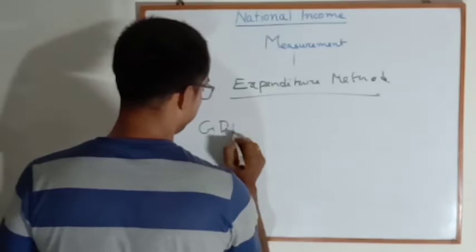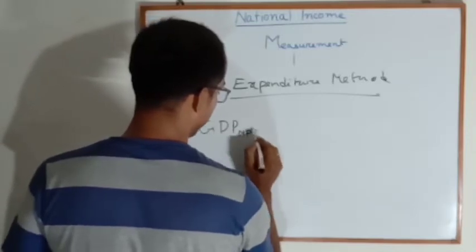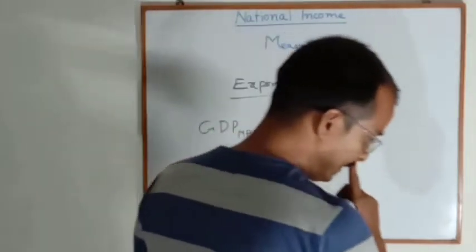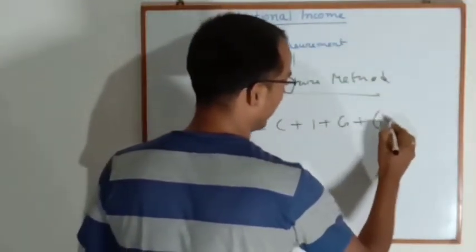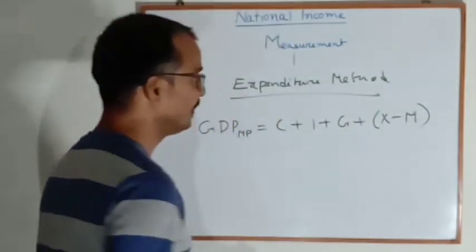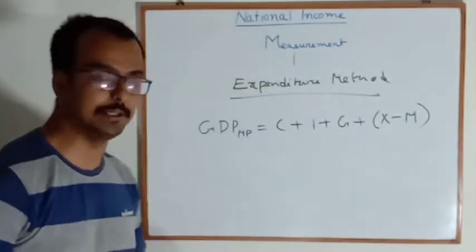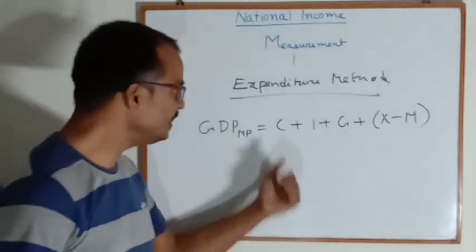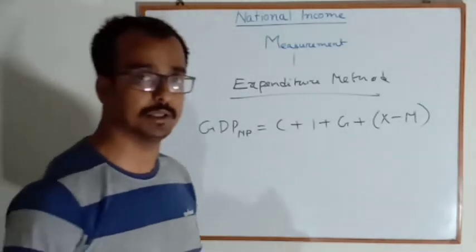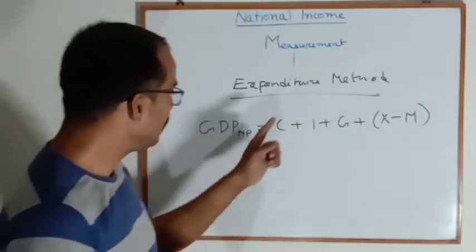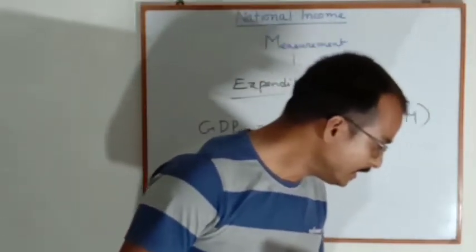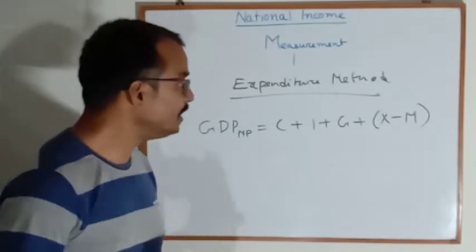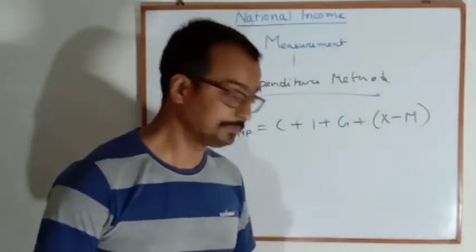Gross domestic product at market price is equal to, if I write in short, C plus I plus G plus X minus M. The equation tells everything in the expenditure method. What is C? C is total consumption expenditure. What is I? I is investment expenditure. And what is G? G is government expenditure.